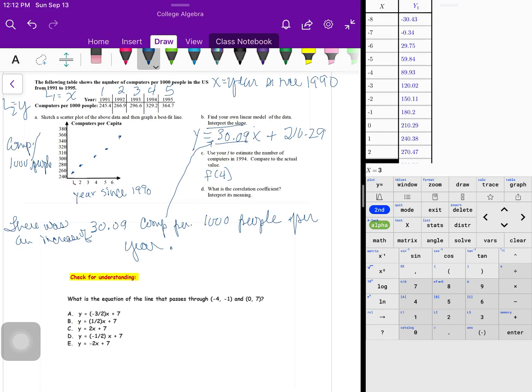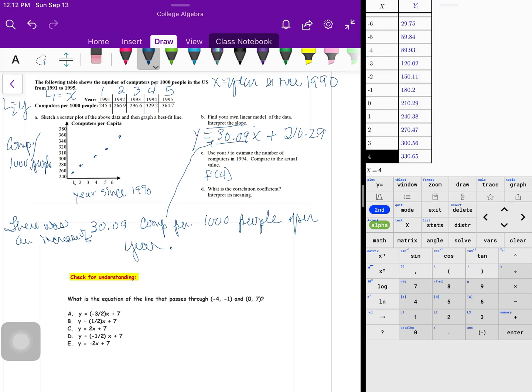So if I go down, f of 4 is 330.65 computers per 1,000 people. Our actual was 329, so it's very close.